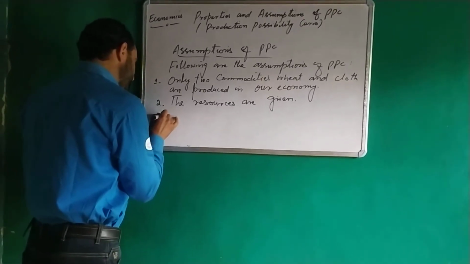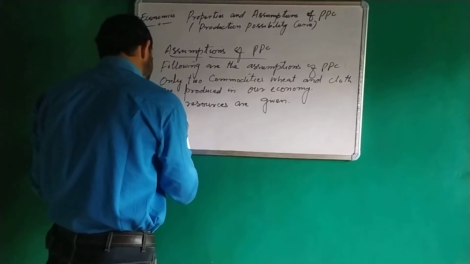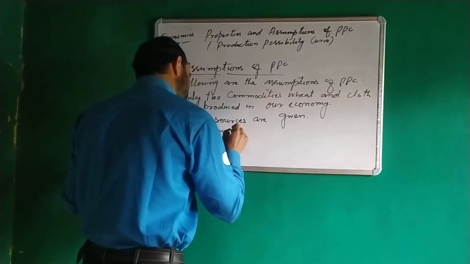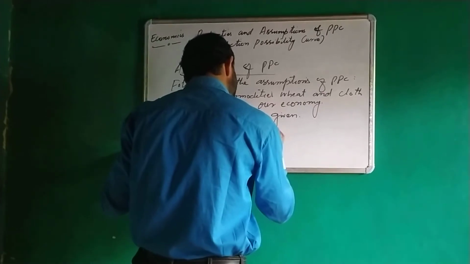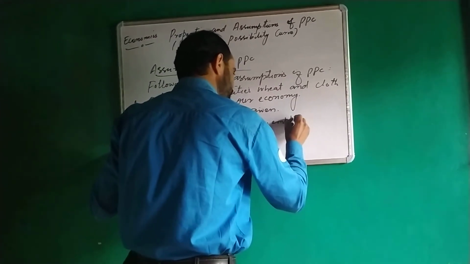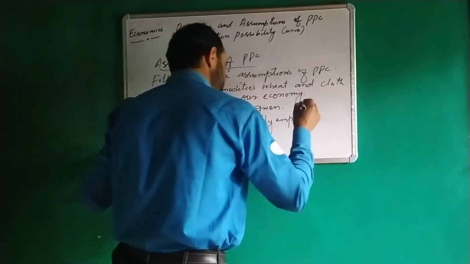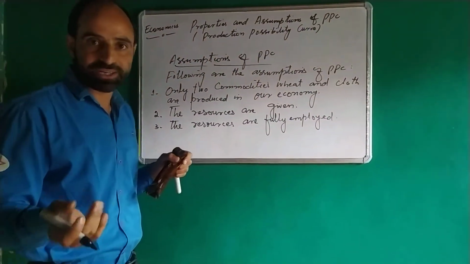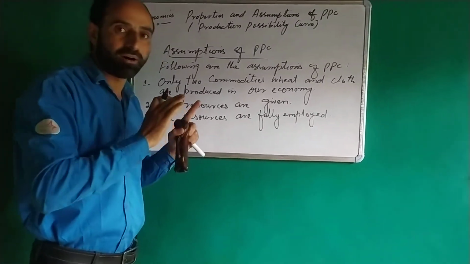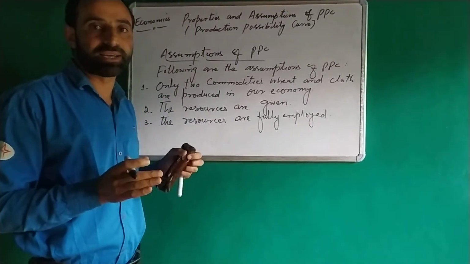Third assumption is the resources are fully employed. The resources which are available to us in the economy are fully employed. There is no unemployed, there is no idle resource in the economy.